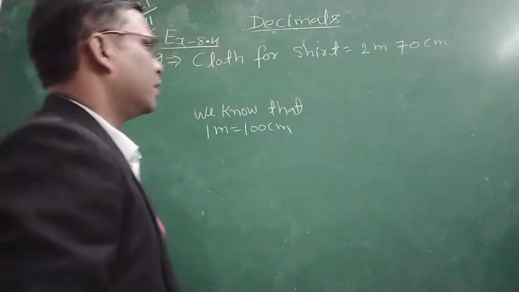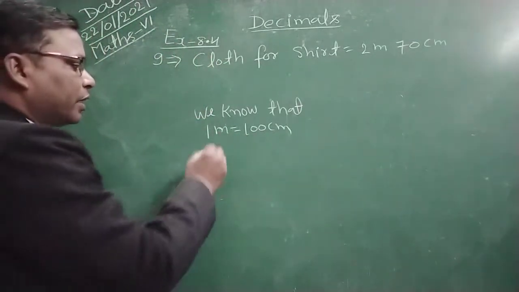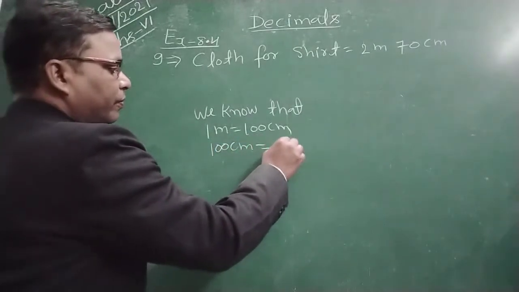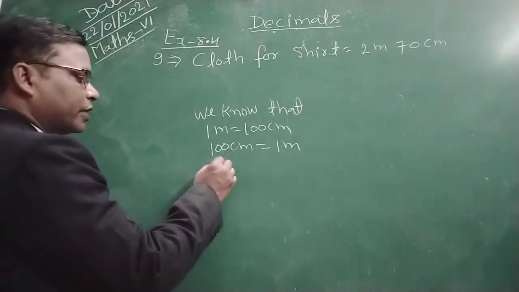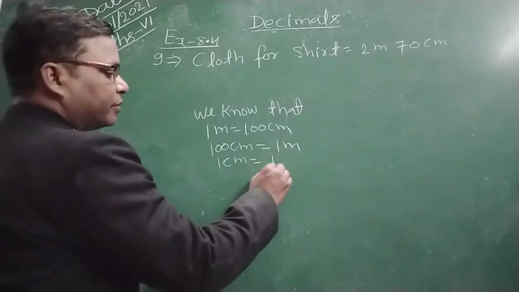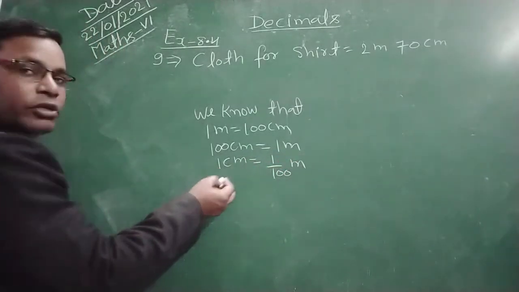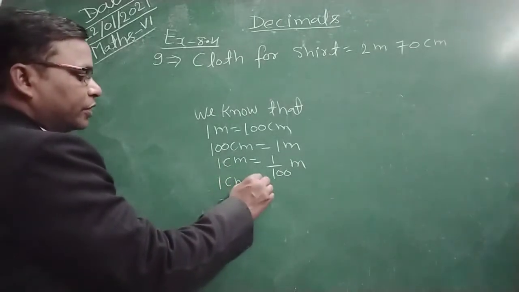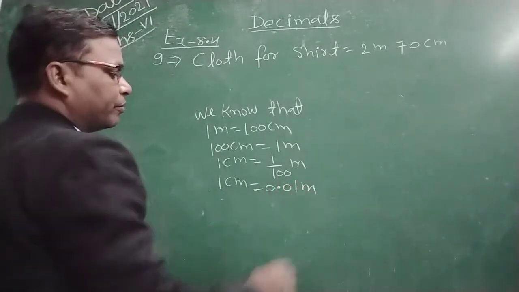Okay, now we know that 1 meter is equal to 100 centimeter, or you can write 100 centimeter is equal to 1 meter. Clear? Or you can write 1 centimeter is equal to 1 by 100 meter. Okay, if you convert it in decimal, then you get 1 centimeter is equal to 0.01 meter.